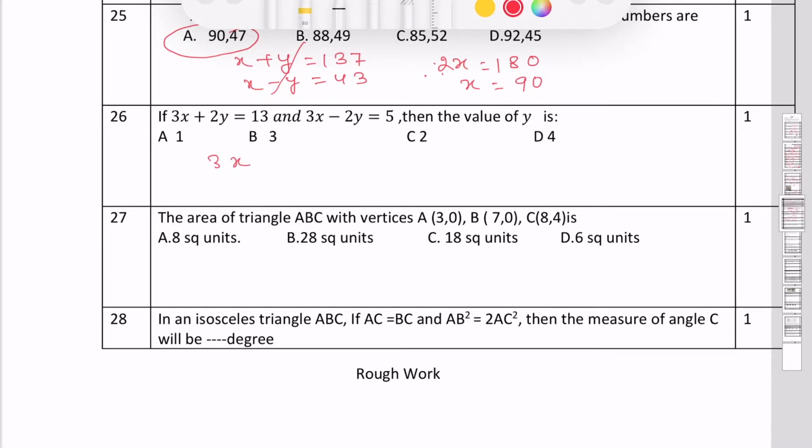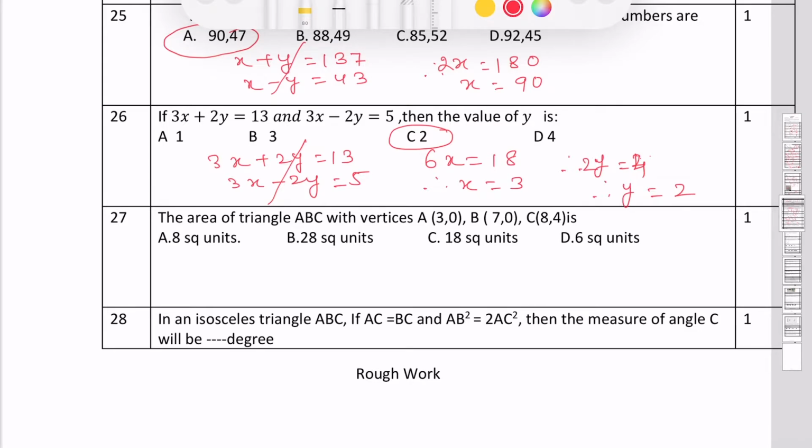If you solve these two equations, question number 26, 3x minus 2y is 5, cancel, 6x is 18, that means x will be 3. Putting the value, 2y is 4, so y is 2, that will be the correct answer.